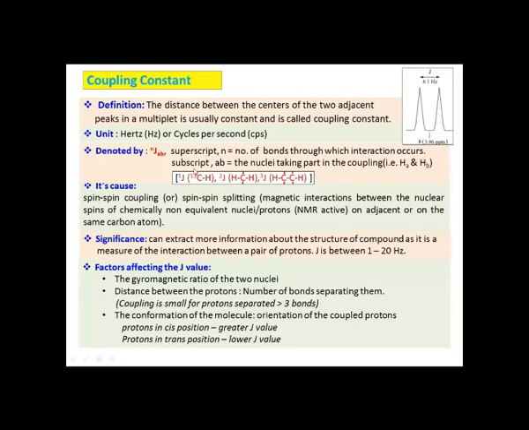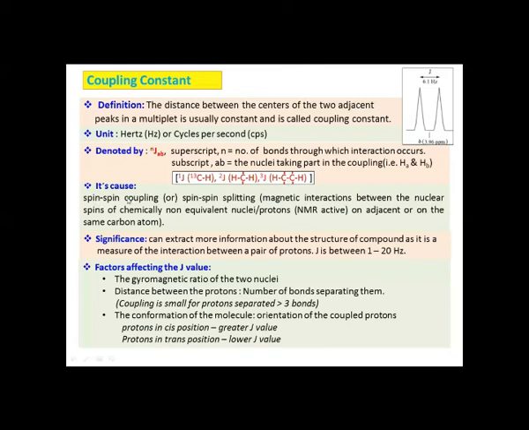So J1 represents that the interaction occurs through a single bond, J2 says the coupling of these two protons occurs through two bonds, and J3 represents the coupling of two protons which are separated by three bonds.